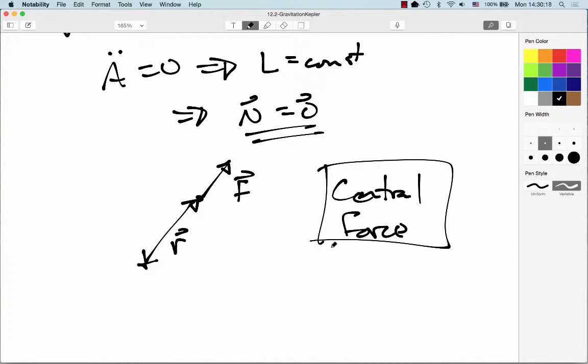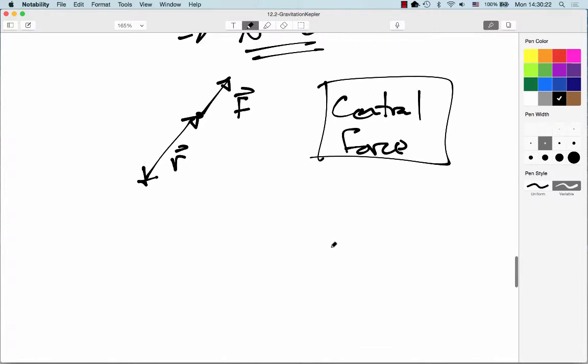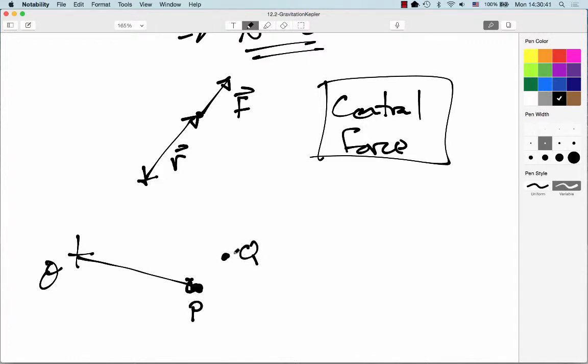Now, just as a side note, as long as we're here, let's go and look at our motion here. So there's my origin. So this is some point P here. We're going to end up moving over to Q there. So there is my dr there.